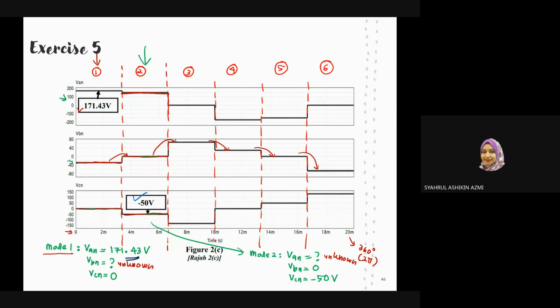So basically, in mode 1, your VAN equals 171.43 volt, and in mode number 2, your VCN equals negative 50 volt. These are the two pieces of information given from this figure, along with VCN in mode number 1 equals 0, and VBN in mode number 2 also equals 0.